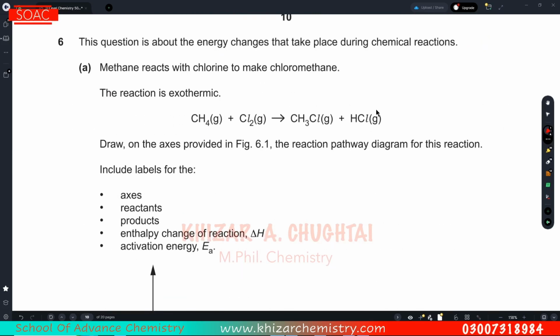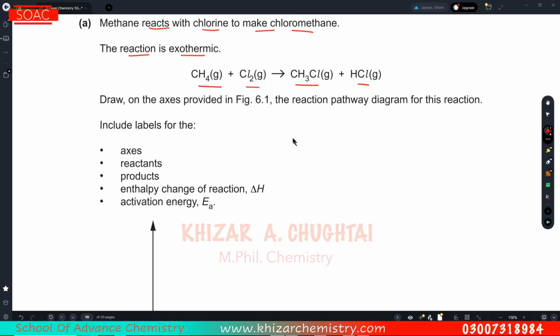Question number 6. This question is about energy changes that take place during a chemical reaction. Methane reacts with chlorine to make chloromethane. This reaction is exothermic. CH4 plus Cl2 goes to CH3Cl and HCl. Draw on the axis provided in figure 6.1 the reaction pathway diagram for this reaction.